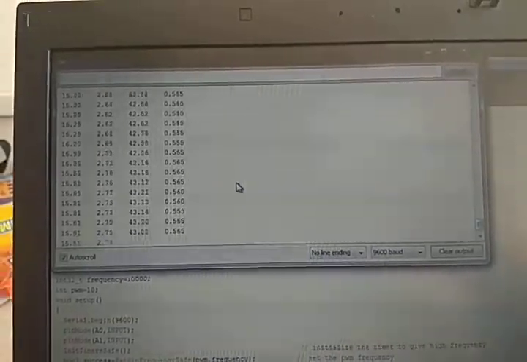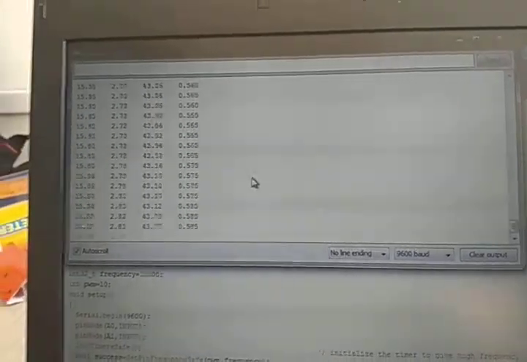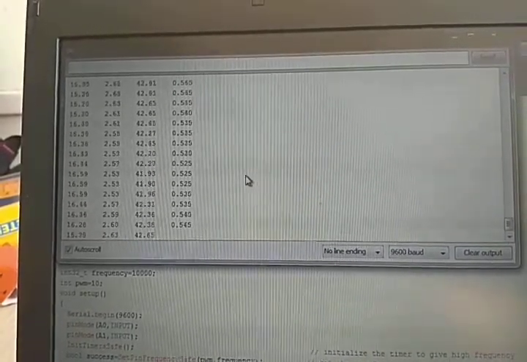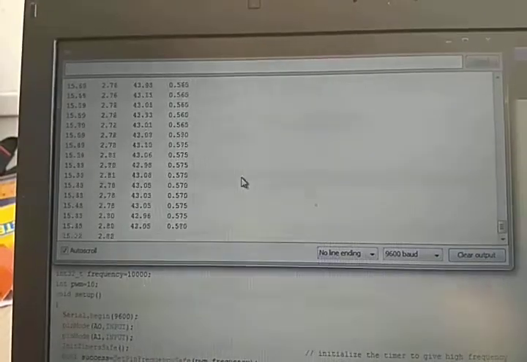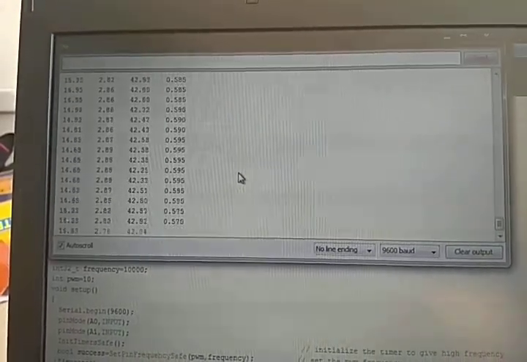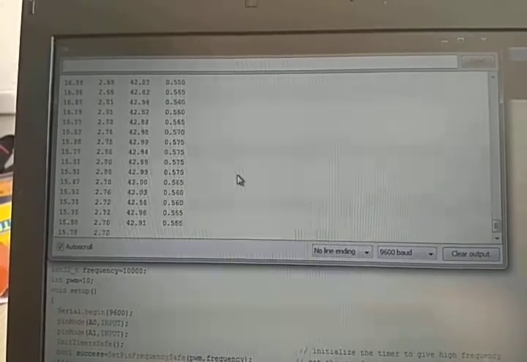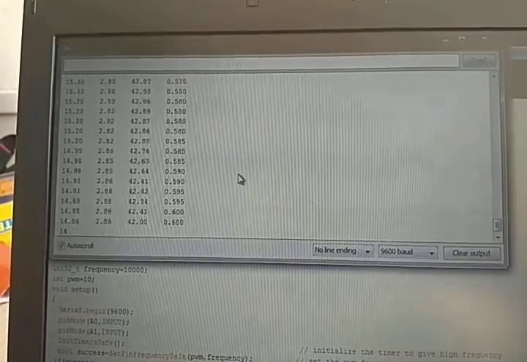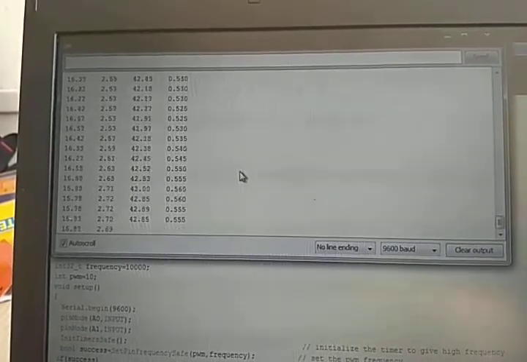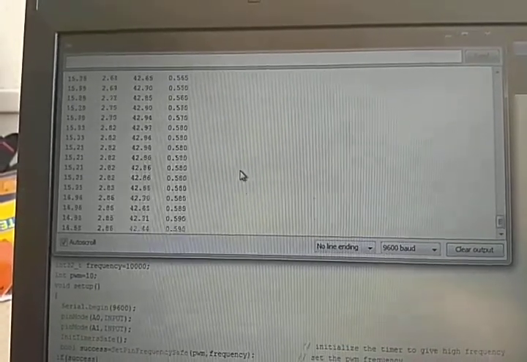The output power for the input voltage of approximately 15.9 is 43 point something watts, and the duty is approximately 55.5%. Input current is around 2.76.